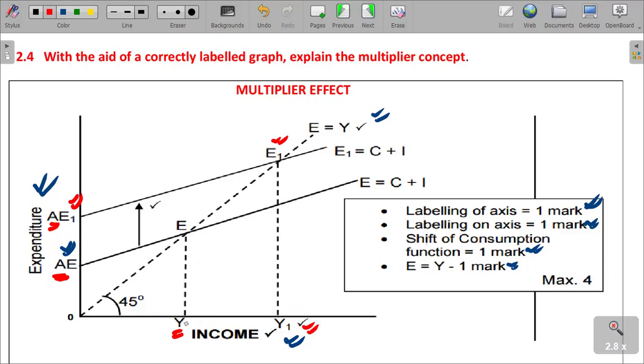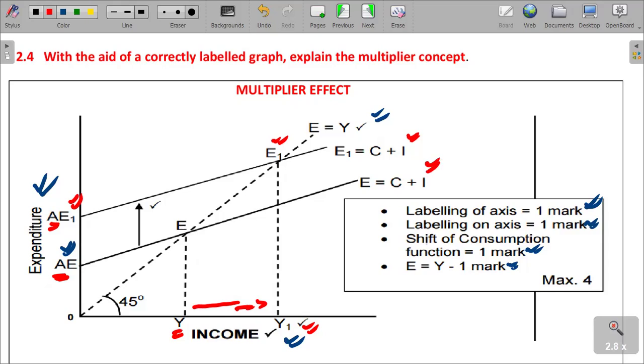Y1 indicates an increase of income from Y to Y1. That is what we are talking about in this case.